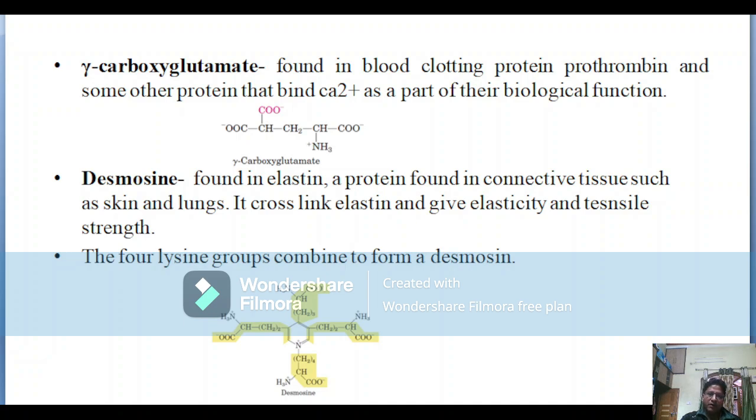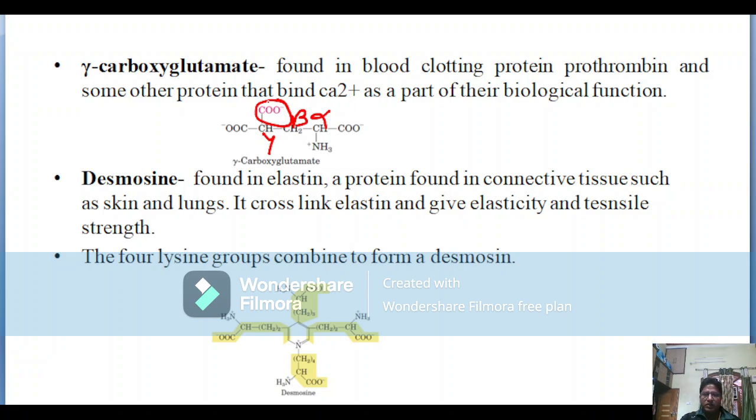This carbon is alpha, this is beta, and this is gamma. So gamma carboxyglutamate is a component of the blood clotting protein prothrombin.